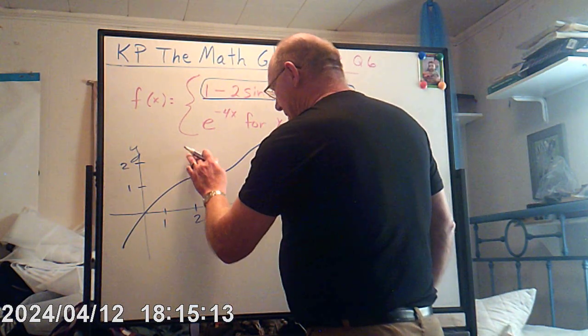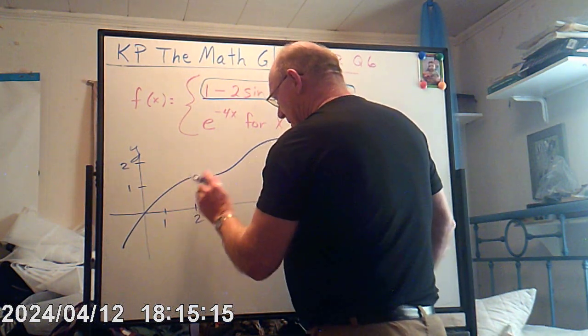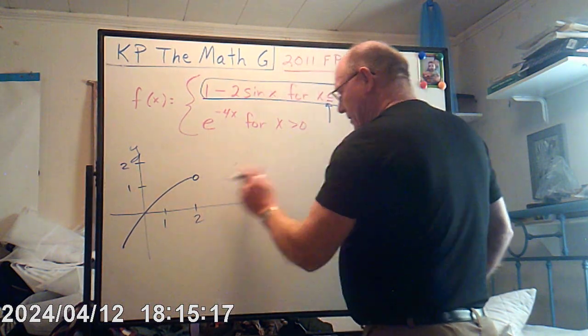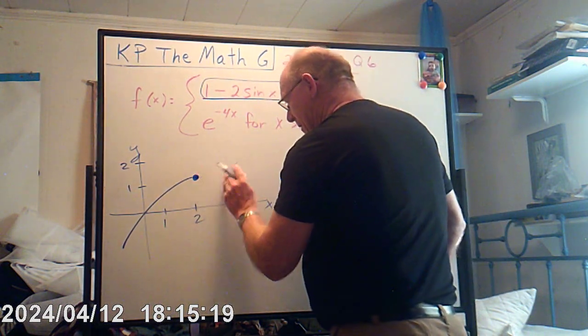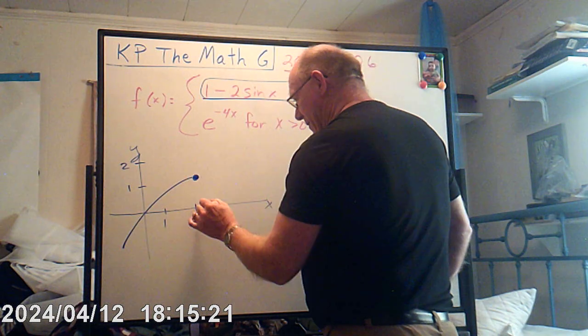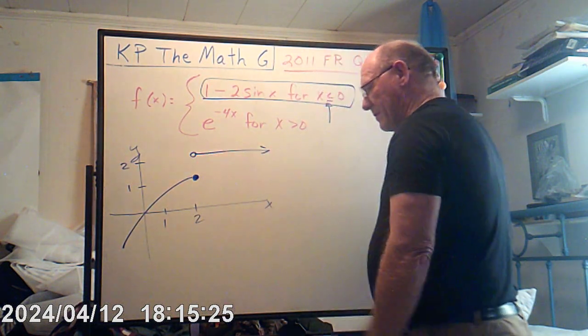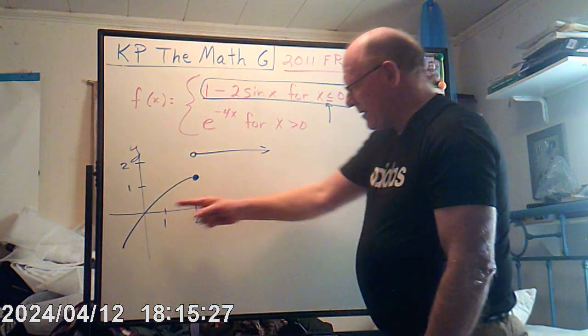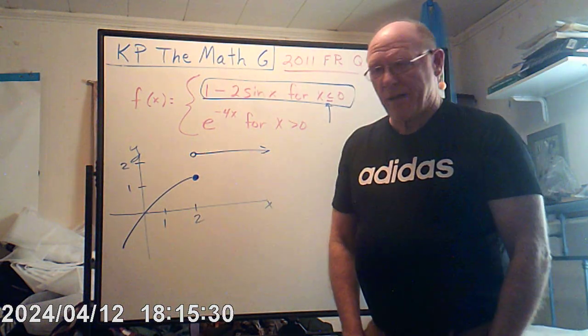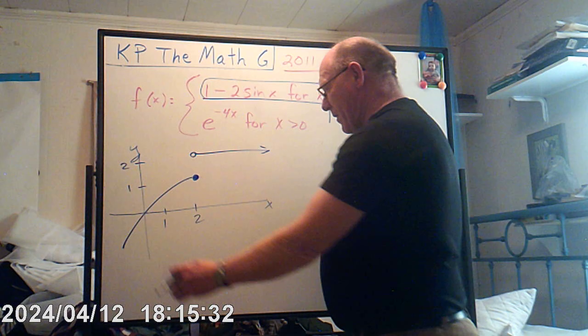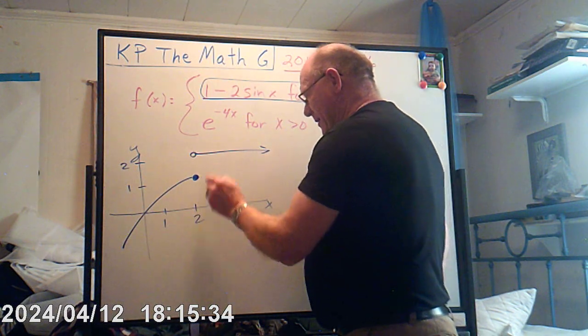You could have this existing. Let's say this were solid right here, but for some odd reason this one is right here going this way. That's a jump right there. The limit exists from the left and from the right.